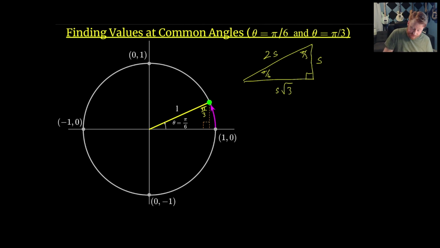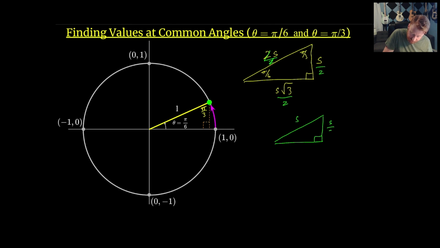So I'm going to do like I did last time and scale this down, but now I'm going to divide everything not by the square root of 2, but just by 2, because I'm trying to get my hypotenuse to just be 1. I'm trying to get this into the unit circle. So I'm dividing everything by 2. I'm scaling this down by a factor of 2, so now I've got this smaller triangle here, and now the hypotenuse is just going to be s.